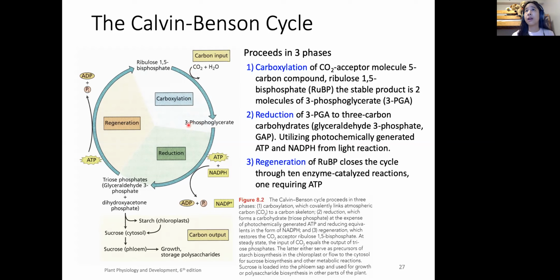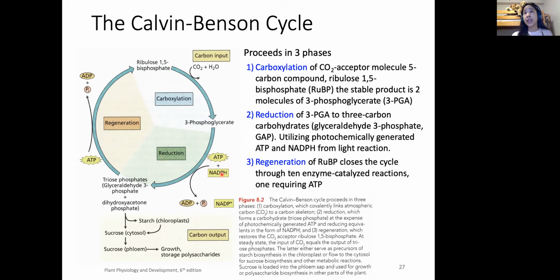It's called 3-phosphoglycerate. The next phase is to make the 3-phosphoglycerate more energetic. Having more energy means having more electrons. More electrons means more reduced. And the next phase is called reduction. This reduction means reducing the oxidation number, getting more electrons. How to do that?